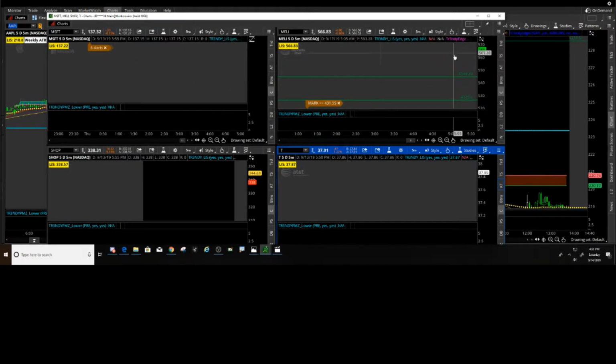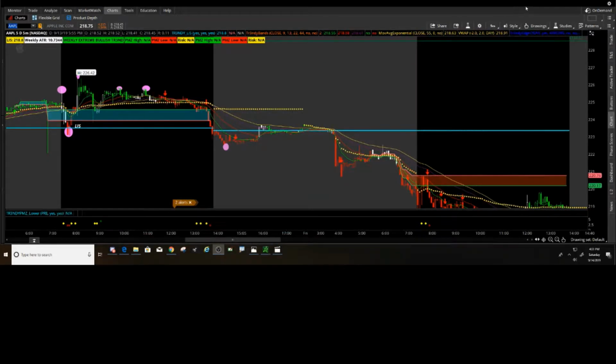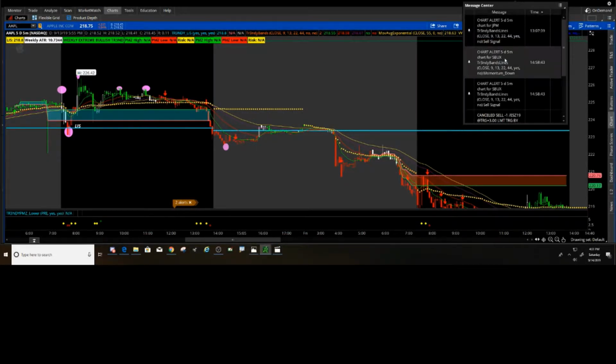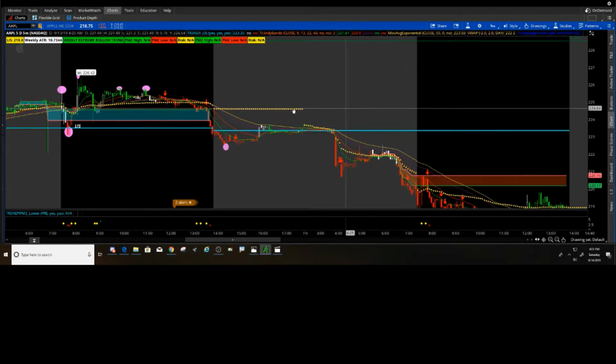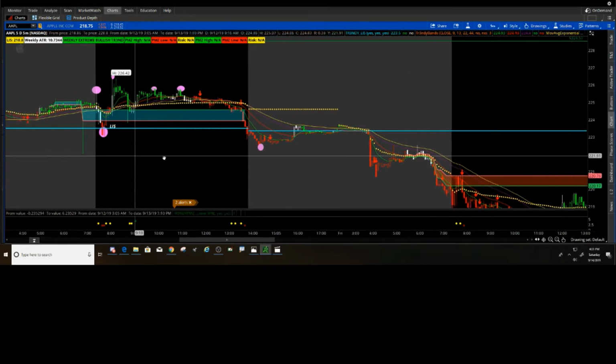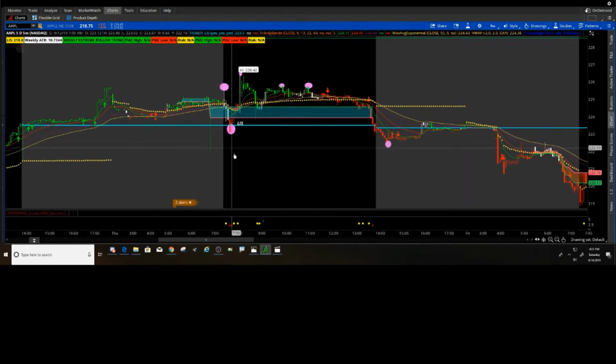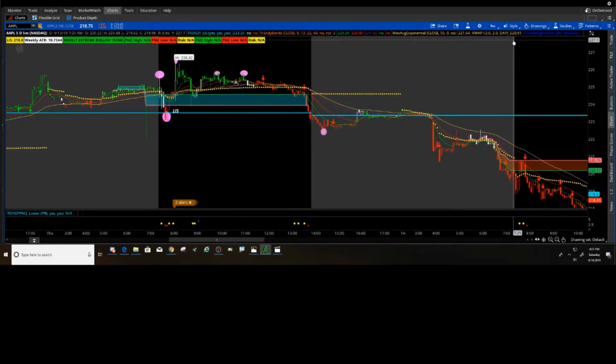You're going to get alerts as long as you have the chart open. In your messages, you'll see something that shows you when price has come into the line in the sand. So once we come into the line in the sand, say we get a bullish formation off of it, you're going to be alerted.